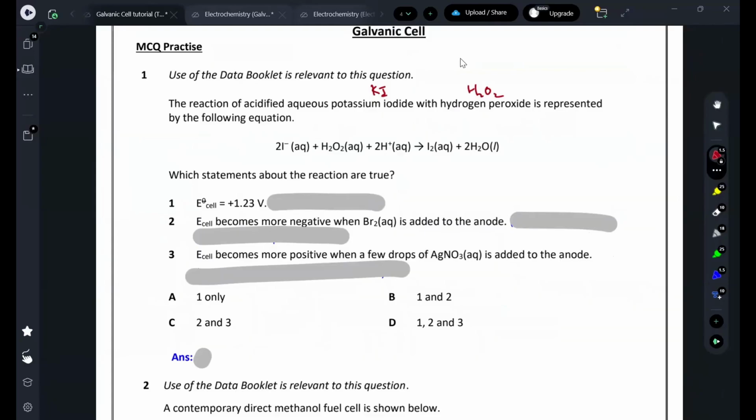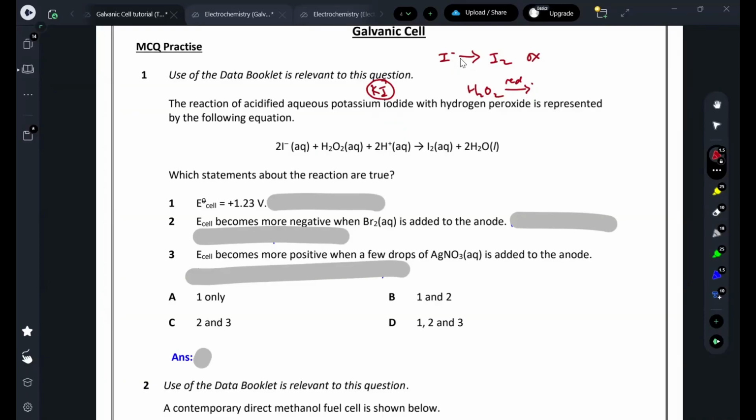Okay, so for I minus, it must be oxidized. There's no other way. It cannot be further reduced. So if it must be oxidized, it means that peroxide must be reduced. Okay, so again, go to the data booklet, look for the half equation where peroxide is on the left hand side.